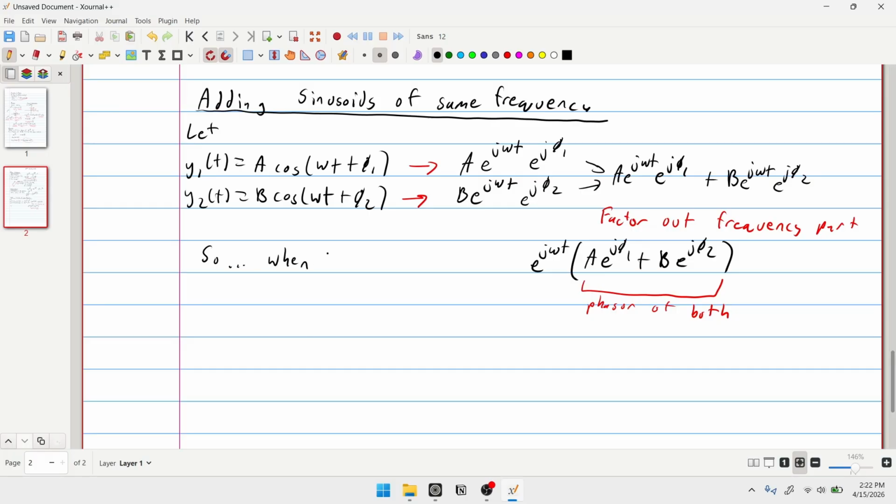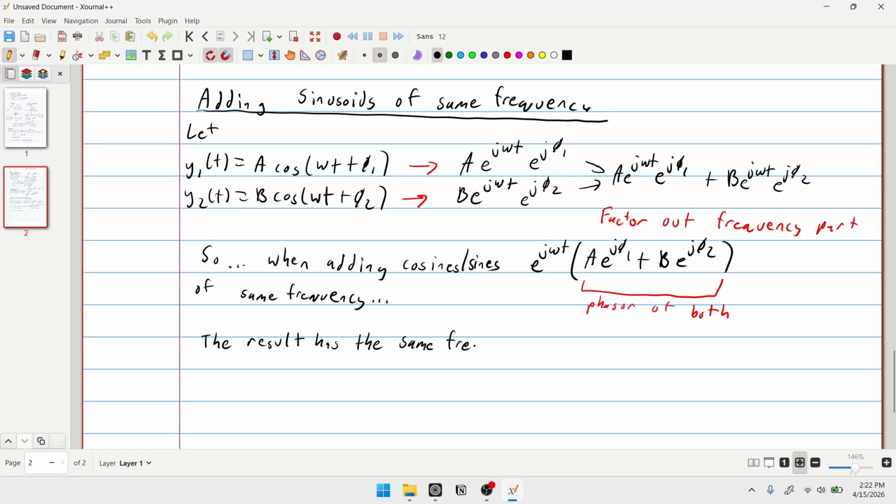So you can see that when adding cosines or sines of same frequency, the result has the same frequency with added phasors.